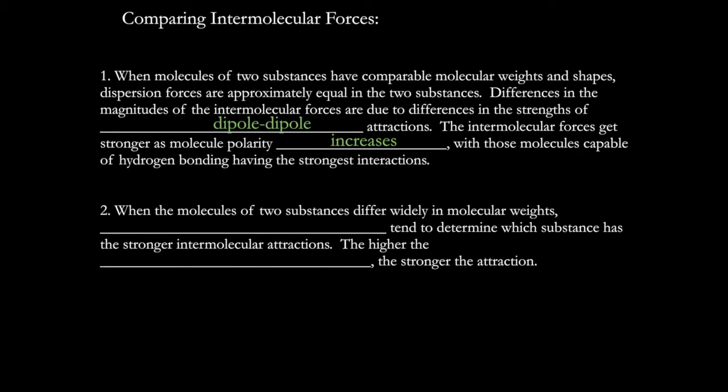And if those happen to be hydrogen bonding, remember you have to have hydrogen, F, O, or N, and the molecule has to be polar, then hydrogen bonding is what is going to dominate and cause the intermolecular forces to be the strongest. Now, when you have molecules that have very different molecular weights, dispersion forces are actually going to dominate. And so the molecule that has a higher molecular weight is going to be the one with the stronger attraction.